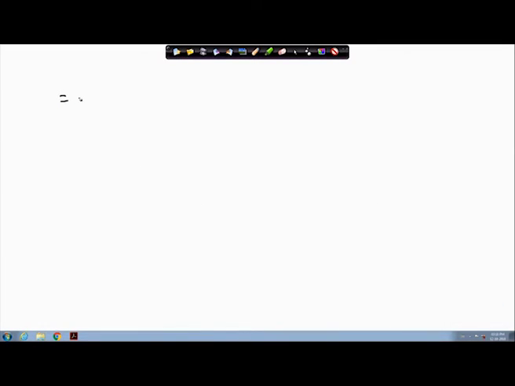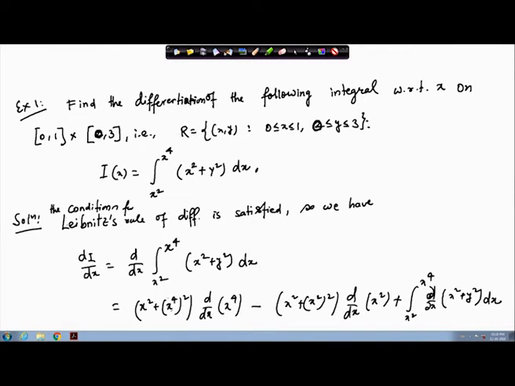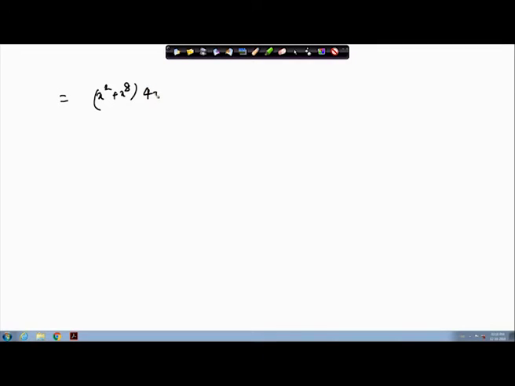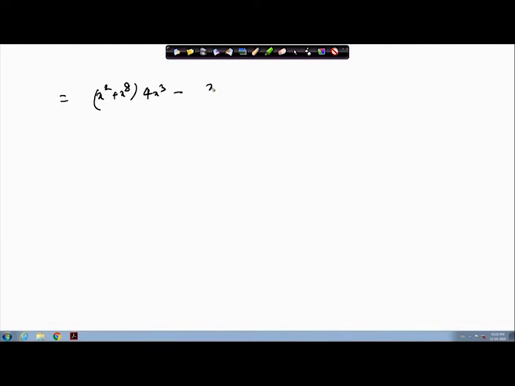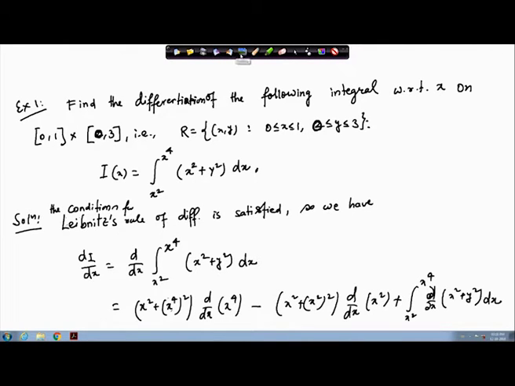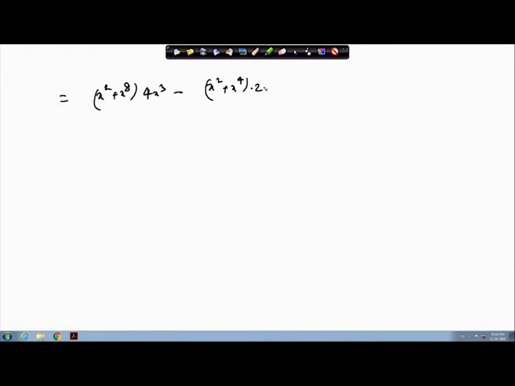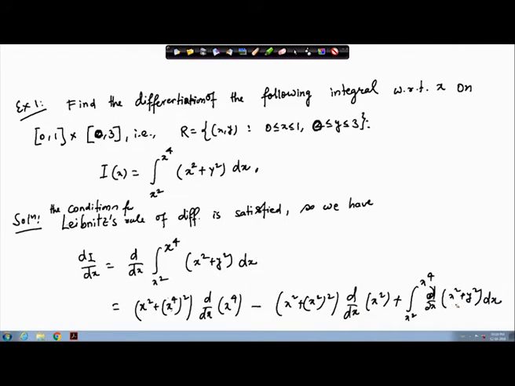This can be written as x square plus x to the power 8 times the differentiation of x to the power 4, which would be 4x cube, minus x square plus x to the power 4 times 2x, plus the integral from x square to x to the power 4.